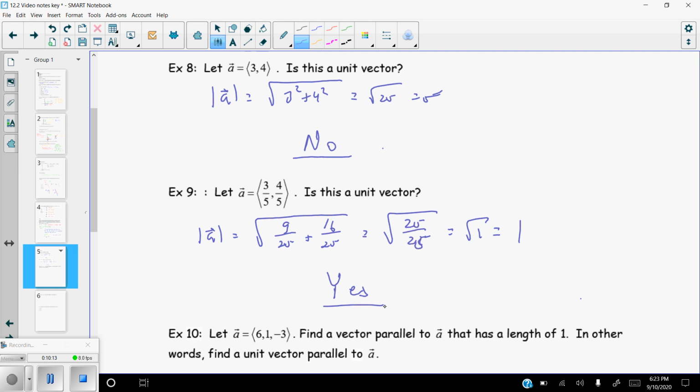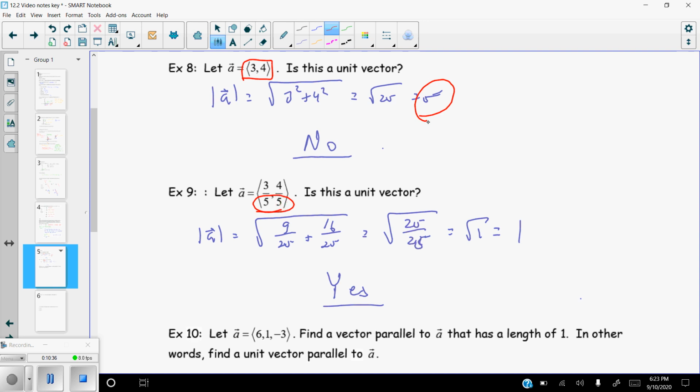And I'm hoping that you can start piecing together what you see there. What did I have to do to this 3, 4 vector to make it a unit vector? Well, I divided each, the 3 and the 4, by 5. What is 5? 5 happens to be the magnitude of the vector 3, 4, which really should make sense.